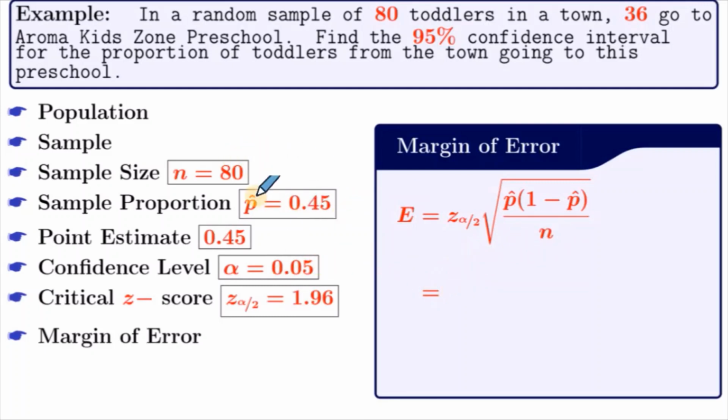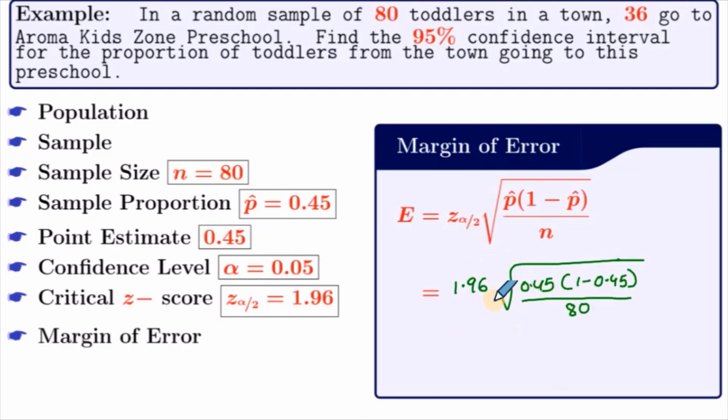So on plugging these values here, we get 1.96 times the square root of 0.45 times (1 minus 0.45) over 80.